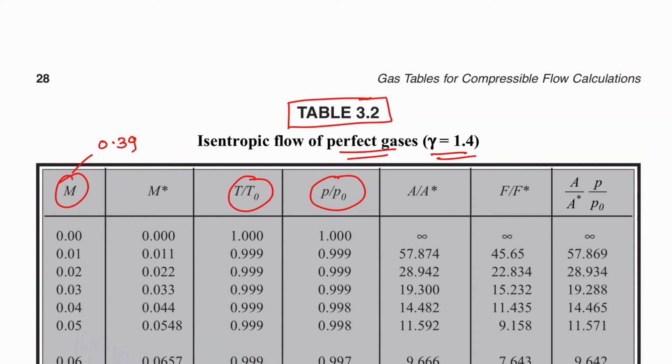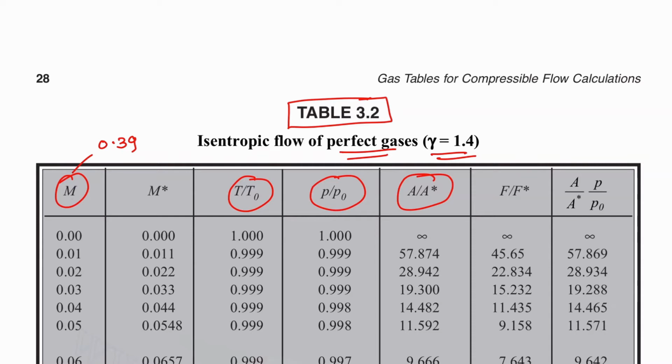I'll also read the A by A star value, because it will be required later on. Later it has been asked what is the area at the throat section, and for that we require the A star value. So I'll write down this value as well.